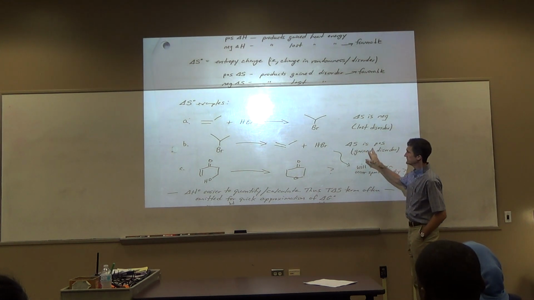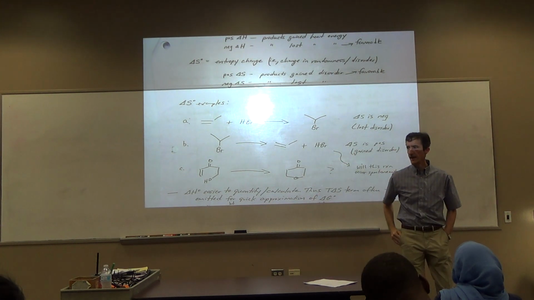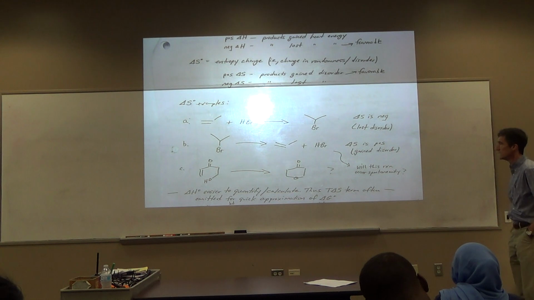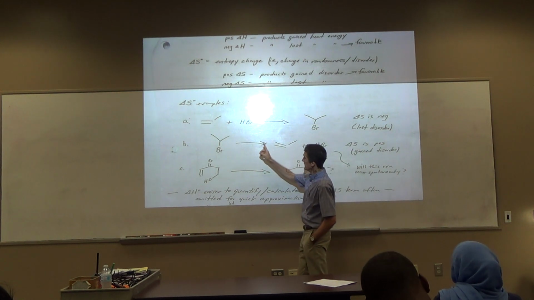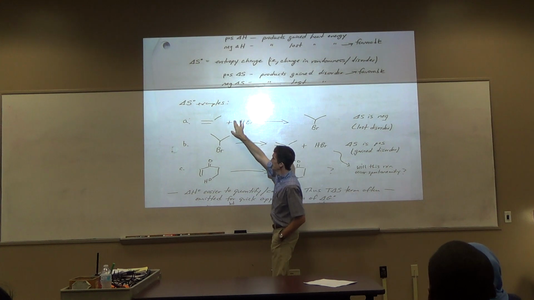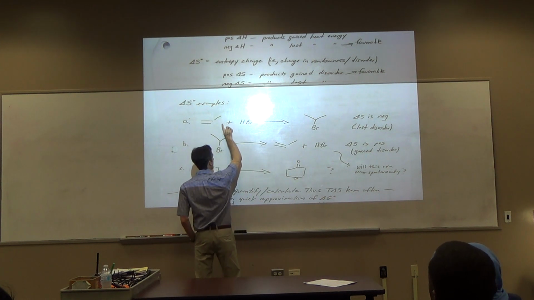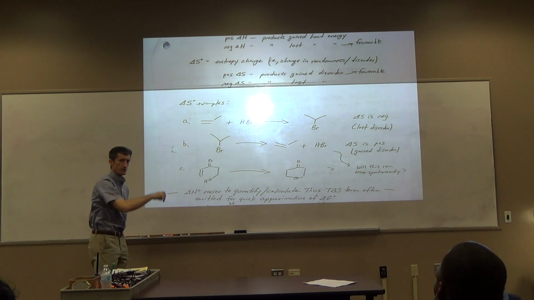Spontaneity, is that right? Which reaction, A or B, is favored by entropy? B. So if a reaction is being controlled by entropy, this is more favorable. That is, if we look at just A, is the forward favorable or the reverse? Reverse, that's what B is.